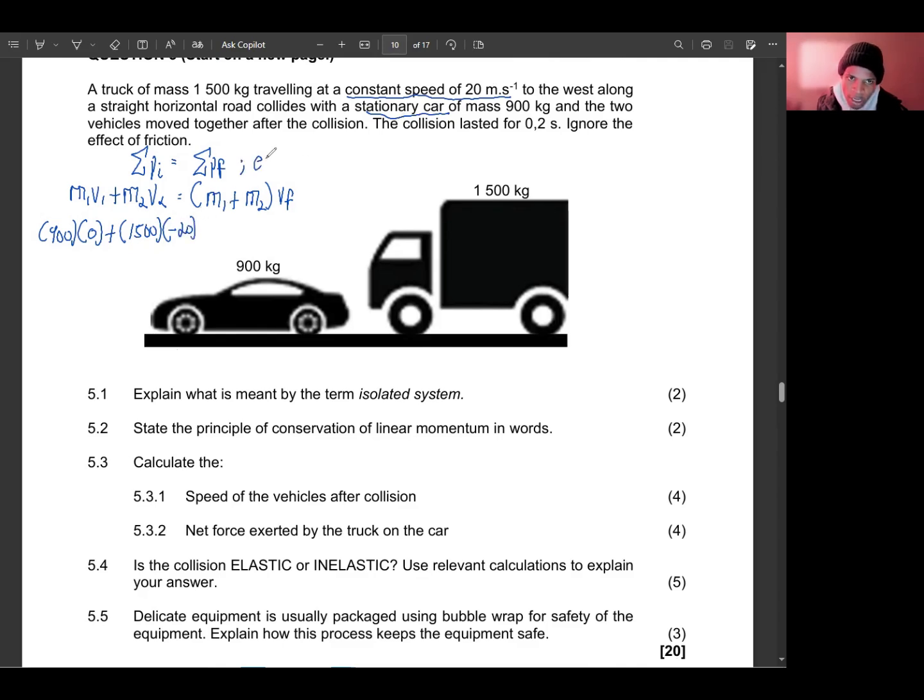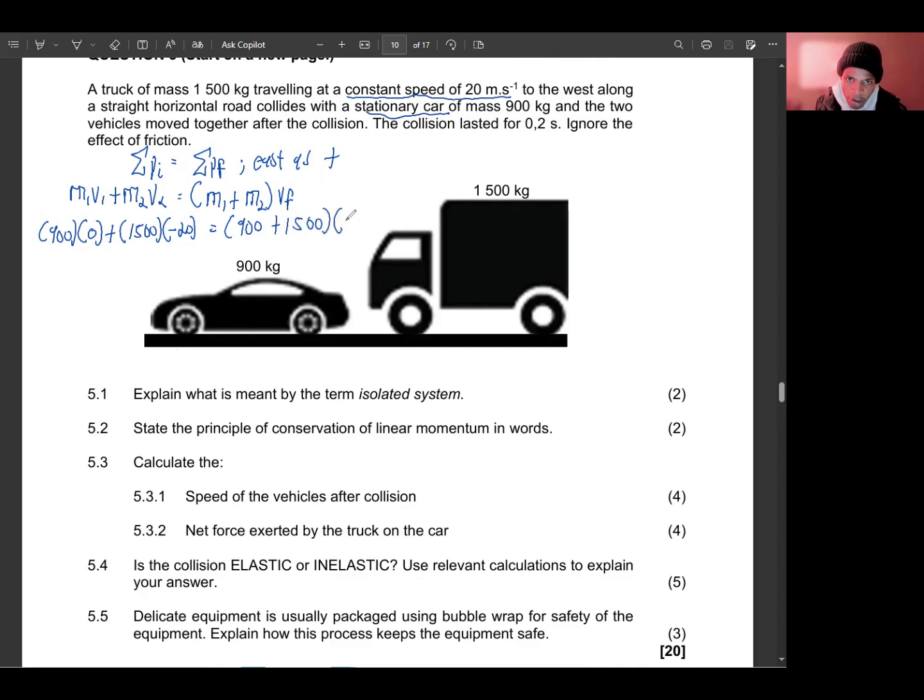So here I'm going to indicate that I'm taking east as positive. Now for one that took west as positive, obviously your velocity here is positive. But I just prefer to take west as negative and east as positive because it's easier to remember that way. Then this is 900 plus 1,500.